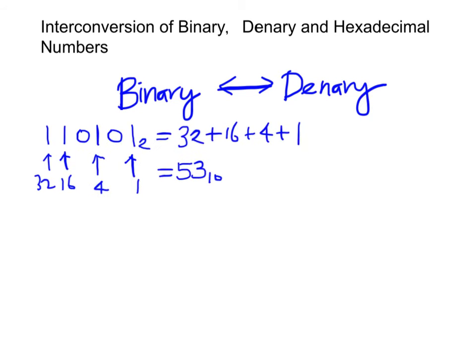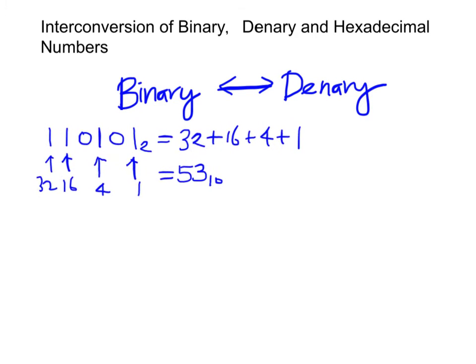But what if we are required to do the reverse process? We have to change 53 base 10 into a binary number, and that will be a bit more difficult. We start with the number 53 and then do a division, and the divisor is 2.